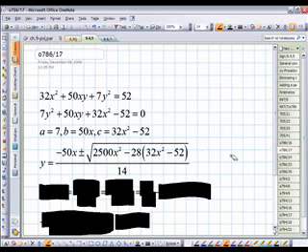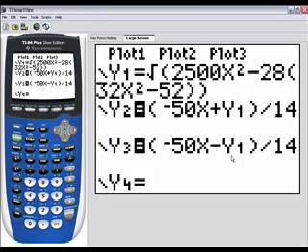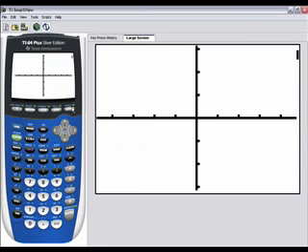And what I can do in my calculator then is I'll put the square root of the discriminant over here, and I'll do negative 50x plus that over 14, then negative 50x minus that over 14, and we go ahead and graph it, and we're going to get a graph for the hyperbola.